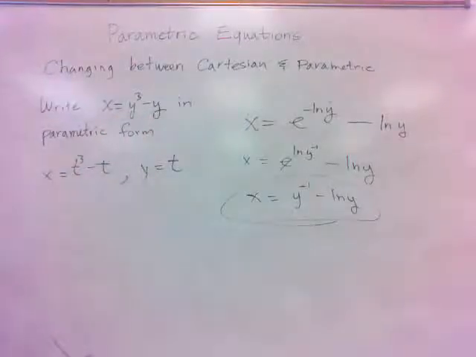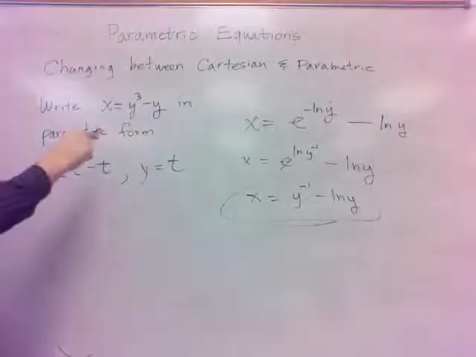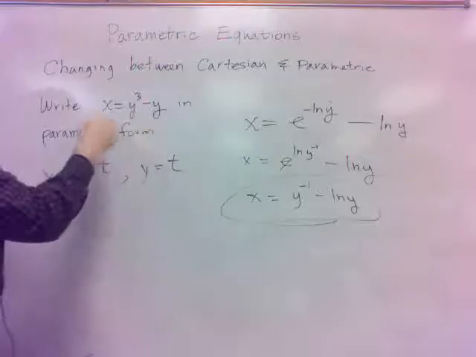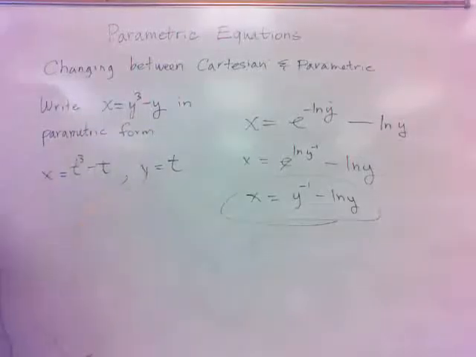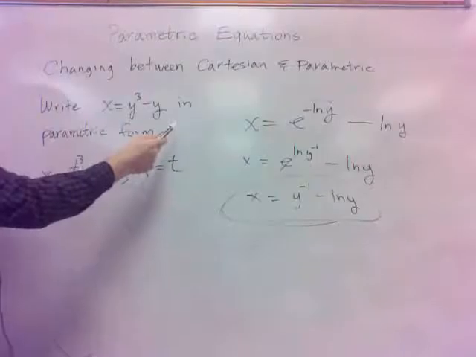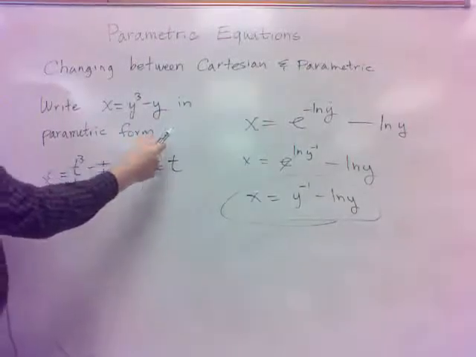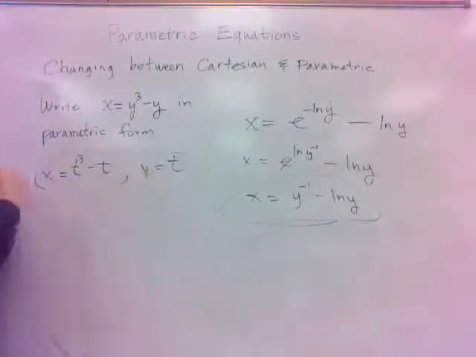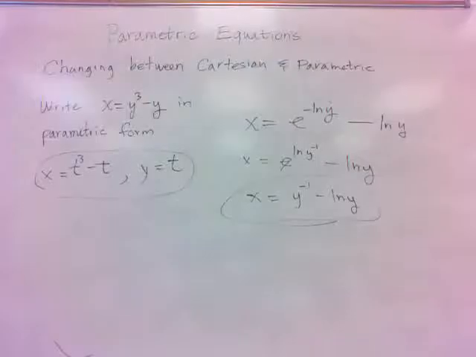If you've got the Cartesian equation and you want it in parametric form, just choose one or the other, the one that's easiest to plug in t for, because plugging in x to be t it'd be hard to solve. This one's solved for x, so that's why I chose y to be t. That's all you do. Okay, pretty easy thing to do.